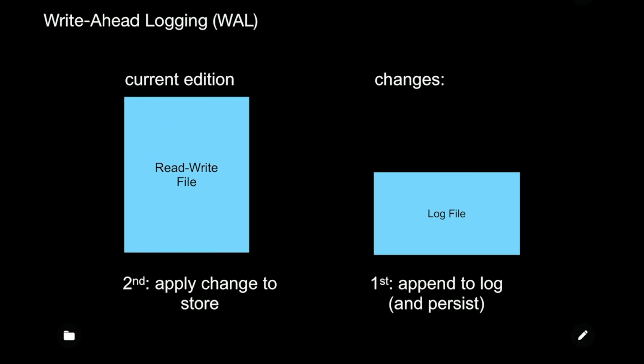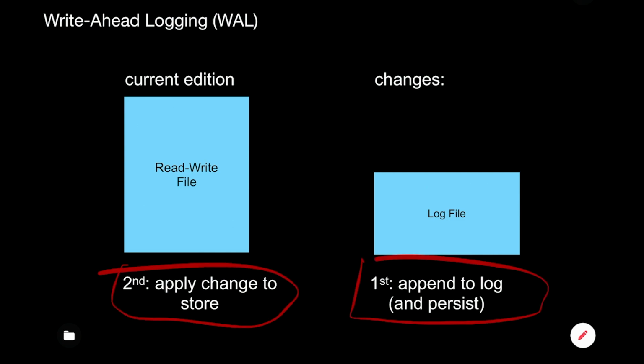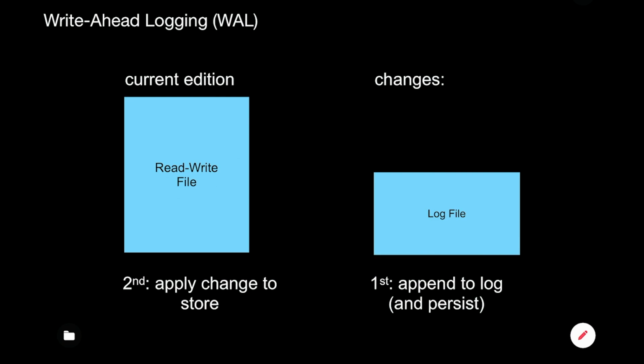And one important thing we always have to make sure of is called write-ahead logging. That means whatever you do, always make sure that first you append the change operation to the log, and only then you change it in the store. And that is in particular important when you persist.